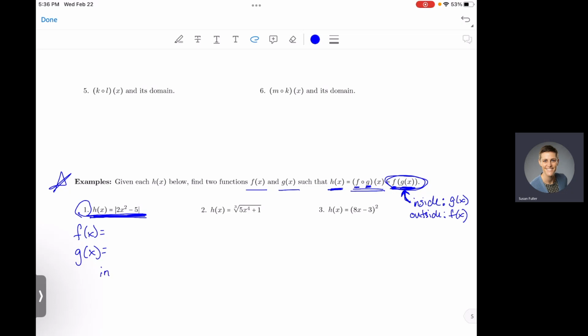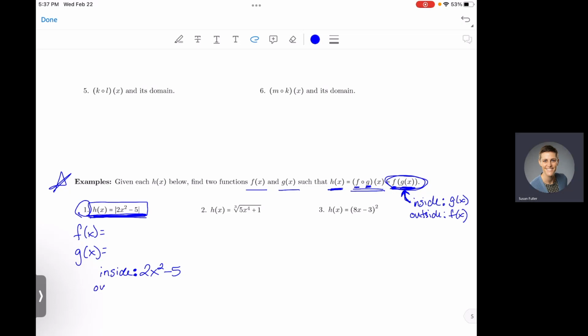So if I described an expression in this problem that I would describe as inside something else, what expression would you say is inside something else? Most of your brains are going to see 2x squared minus 5. That is inside an absolute value function, right? So 2x squared minus 5 is my inside function.